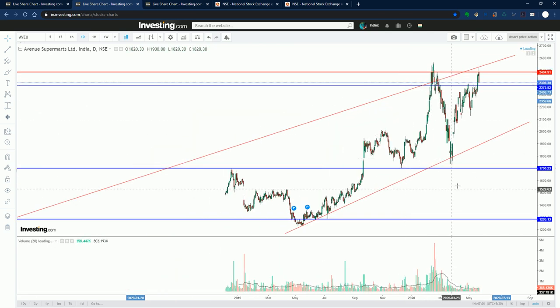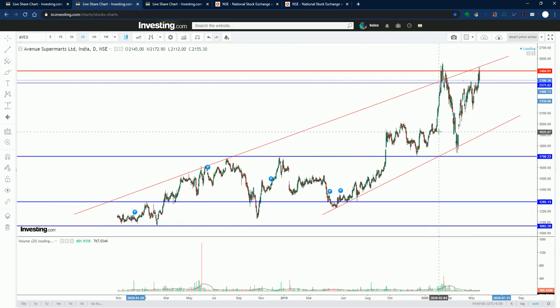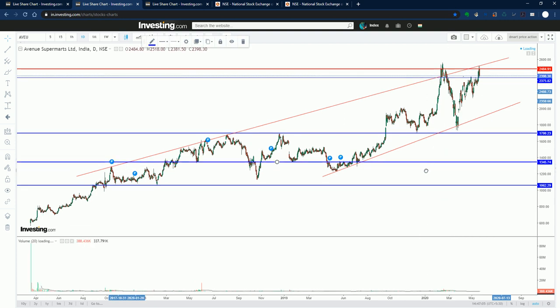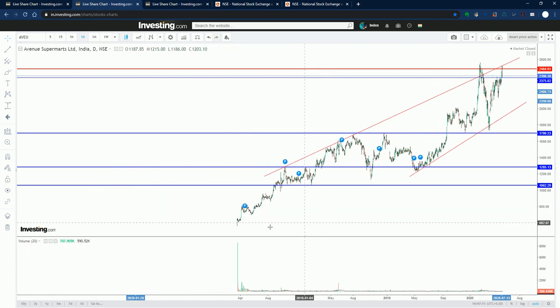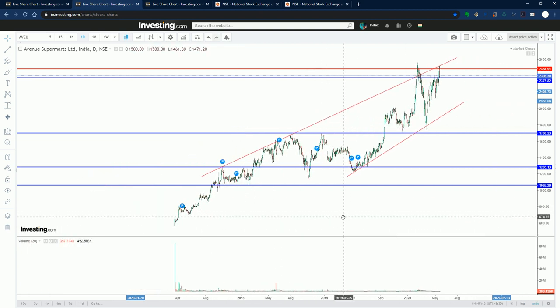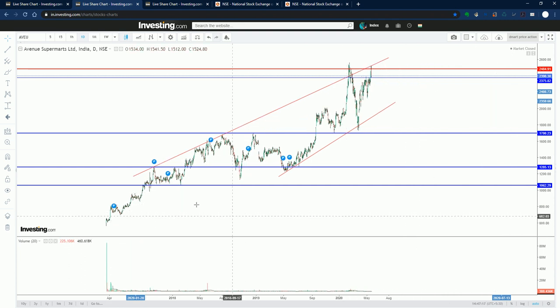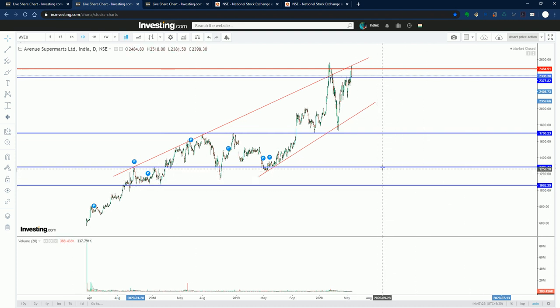The DMart chart can be divided into 3 zones. The first zone is from the start in 2017 up to the 1062 level. After that it acts as a support, and then it traded in the range between 1062 and 1285, and then 1285 to 1700 was a range.